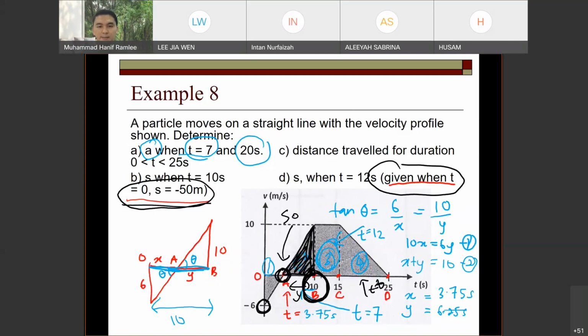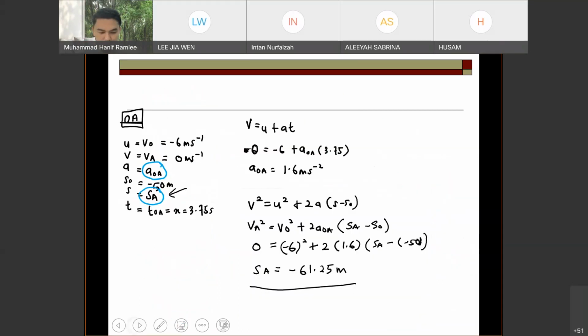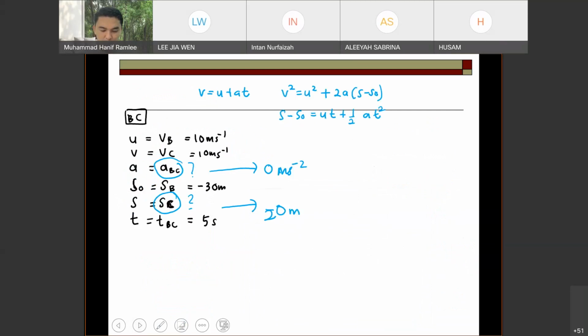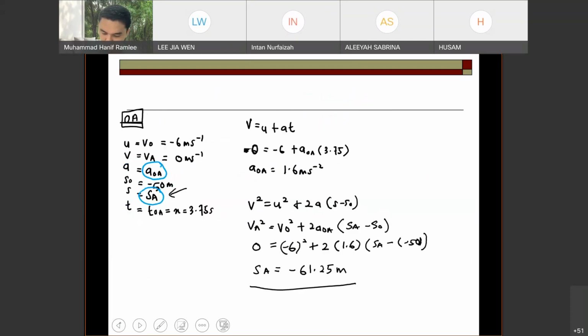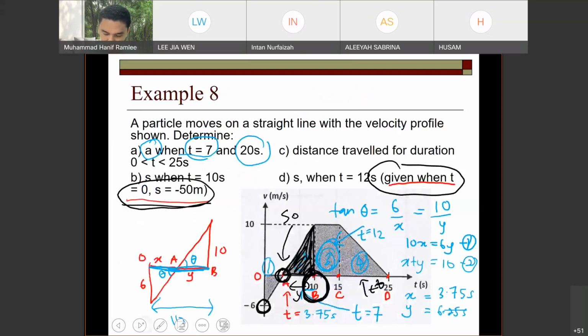But the BC region doesn't have T equal to 12, because the time for C is T equal to 15. BC is 10 until 15 seconds.